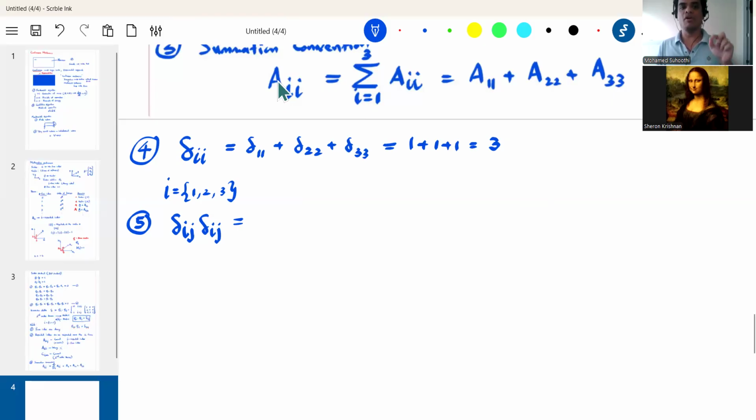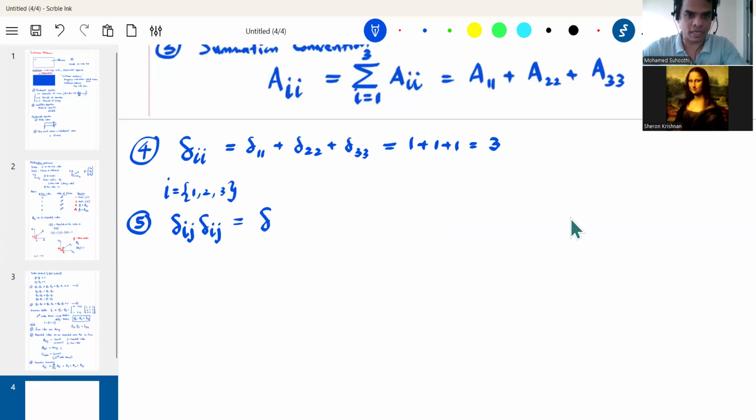When you have a repeated index, there's a summation convention behind that. So here, for i you apply the summation convention one time, then for j another time. First, I'm going to apply it for i, substituting i from 1 to 3.